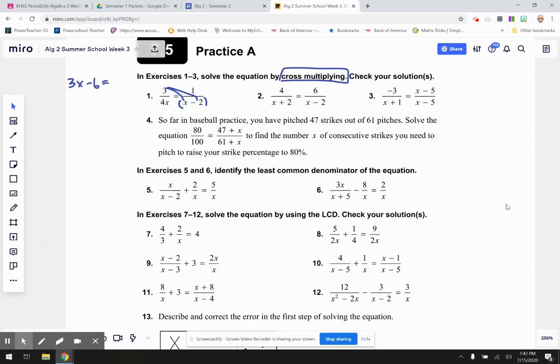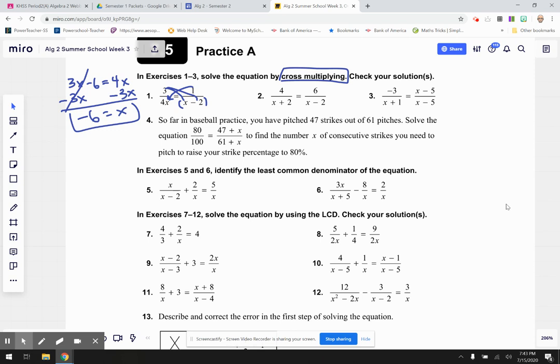And 1 times 4x is just 4x. And so that's just a simple cross multiplying. I would subtract 3x on both sides. And then you get negative 6 equals x, and that one's actually finished. So that's how you're going to cross multiply. You're going to distribute if you have to. If you don't, just multiply them.